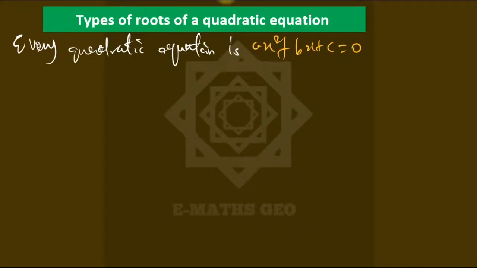Now, if you solve for x, the answer from our quadratic formula is always x equals minus b plus or minus the square root of b squared minus 4ac, all over 2a.